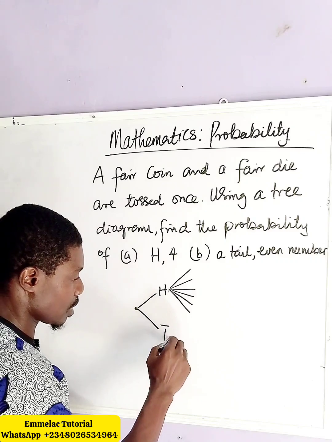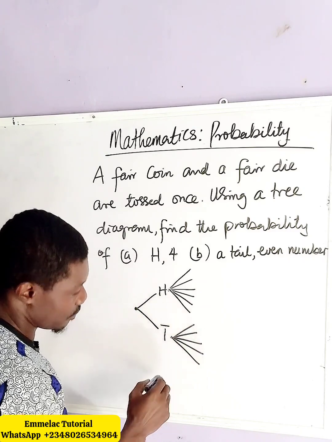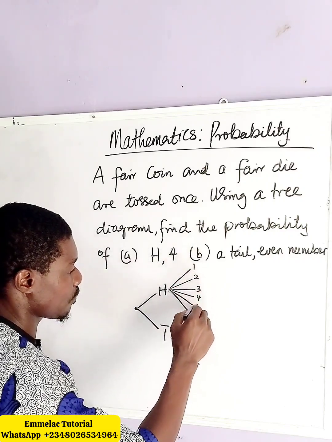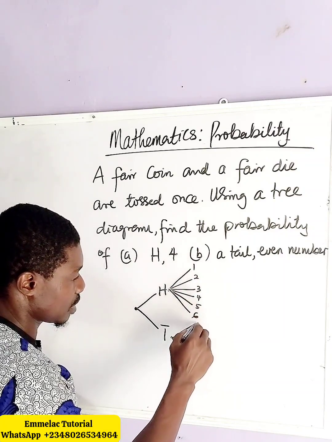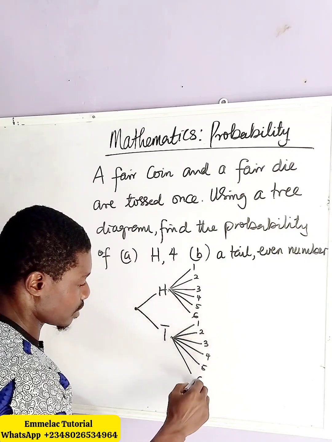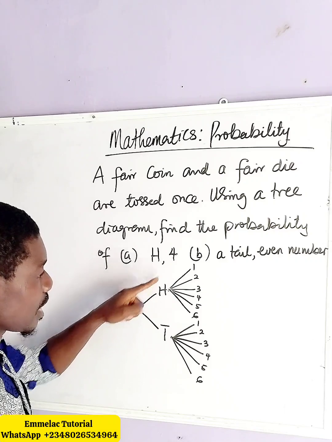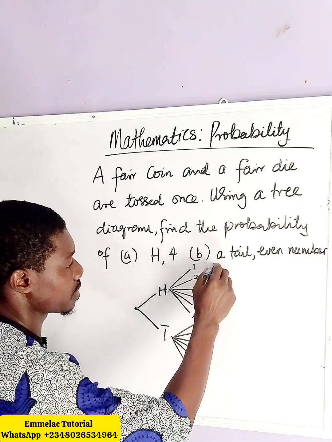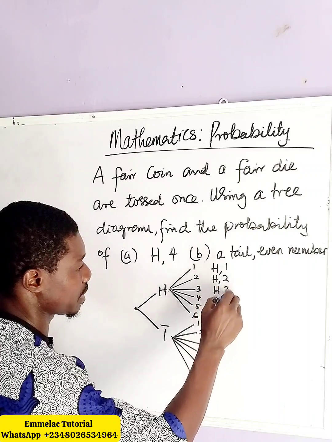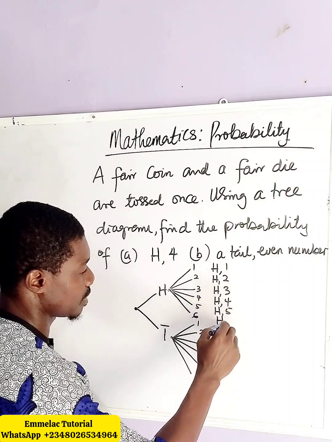At this point also, you can have 1, 2, 3, 4, 5, and 6. Then again 1 to 6. Okay, so at this point here now, you can have a head and 1: head 1, head 2, head 3, head 4, head 5, head 6.